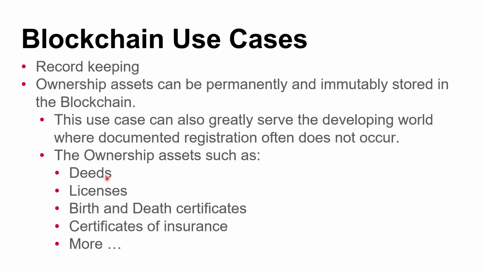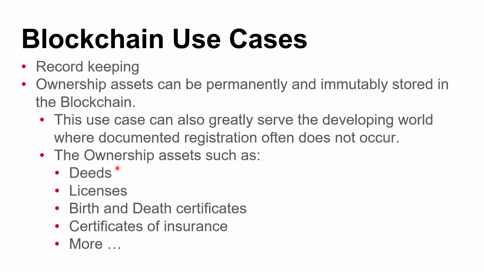Record keeping. The immutability and the permanence of the blockchain is great for storing deeds, licenses, birth and death certificates, marriage certificates, certificates of insurance, much more. Many times, the difference between prosperity and poverty is paperwork.